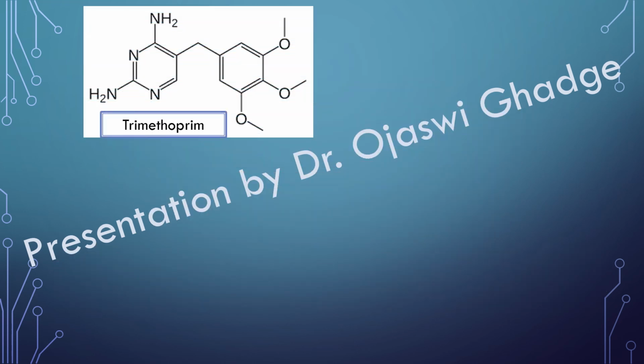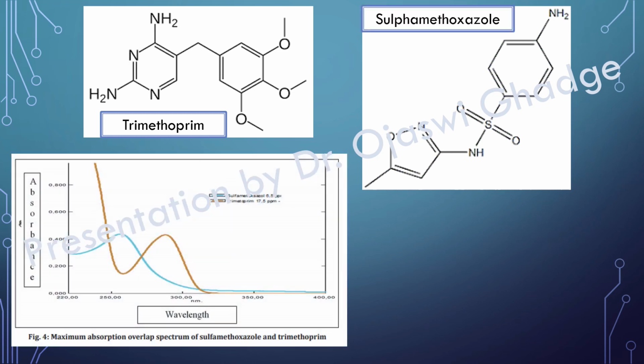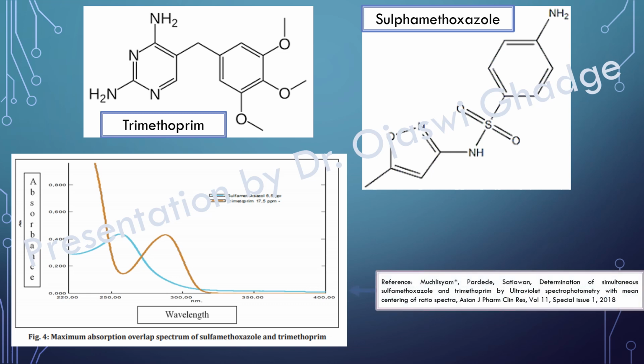This is the first drug in cotrimoxazole tablets, that is trimethoprim. This is the second drug, that is sulfamethoxazole, and this is the UV spectrum of both the drugs. This particular figure I have taken from the reference which is mentioned on the screen.